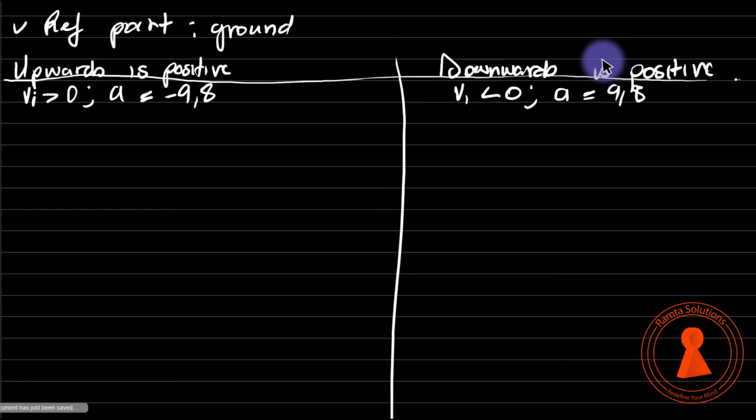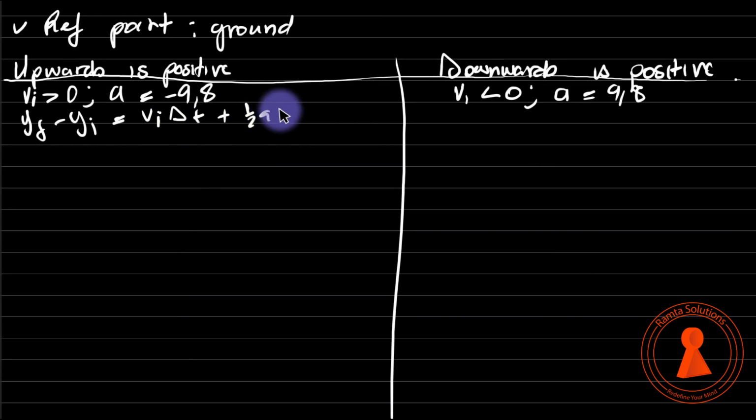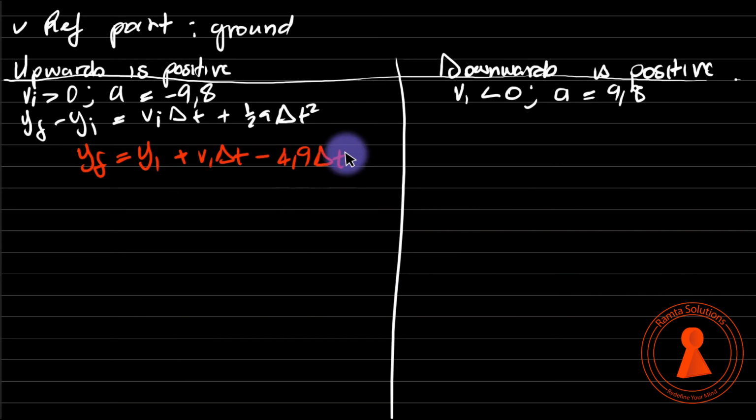This one, remember I said I like calling it y equals blah blah, right? I like calling it yf minus yi equals vi delta t plus half a delta t squared. Right, so let me just say, this one will be yf equals yi plus vi delta t minus 4.9 delta t squared.